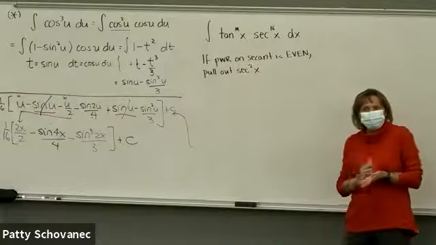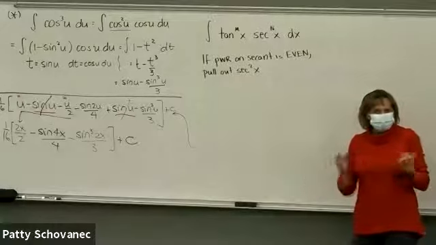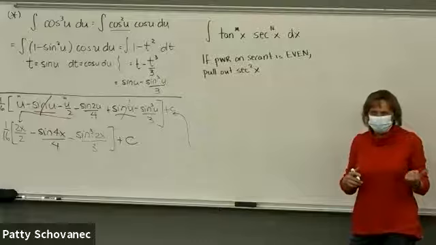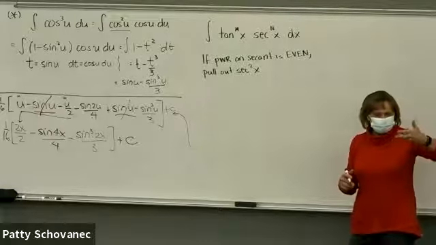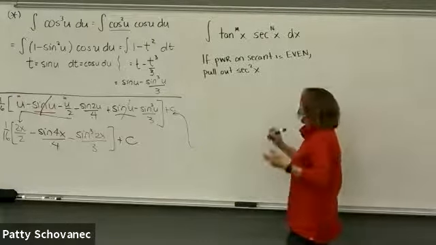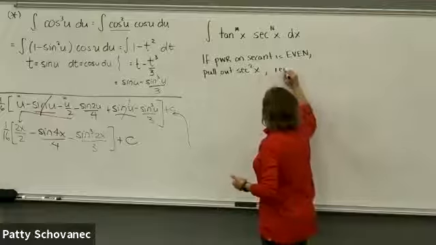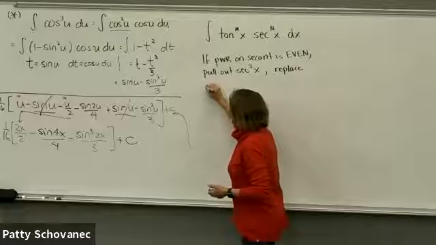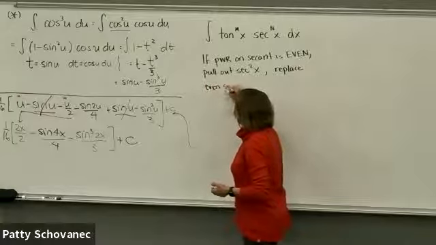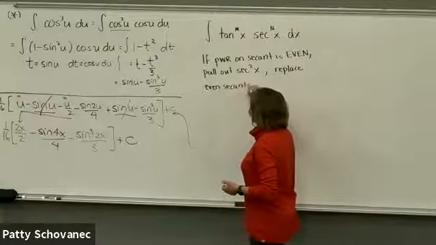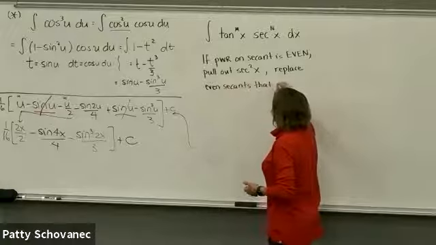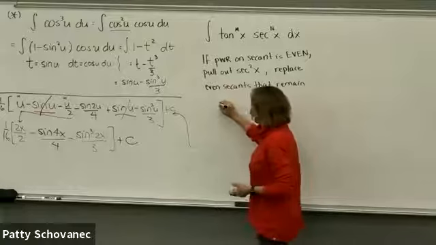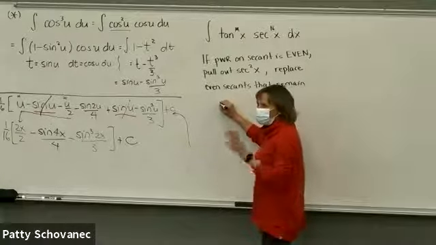That's going to go with the du term. So you have to write the rest of the integral in terms of tangents. So you'll have some even powers of secants left. Then you replace the even secants that remain with tangents using the fact that, what was it?